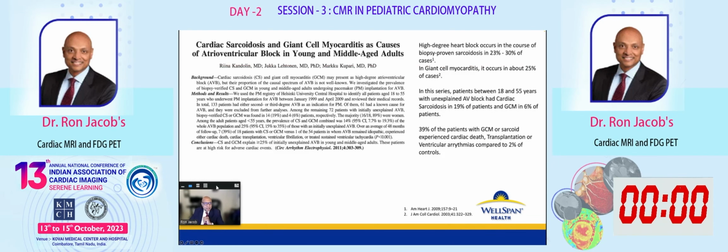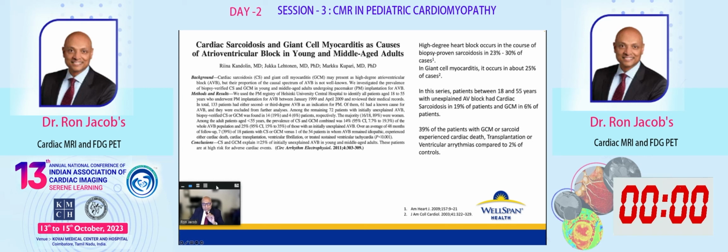This paper looked at that very question. What do you do with patients with advanced atrioventricular blocks in middle-aged adults? It occurs in sarcoid, interestingly, in 23 to 30% of cases. So when you see this, in the back of your mind you should think about either sarcoid or giant cell myocarditis.